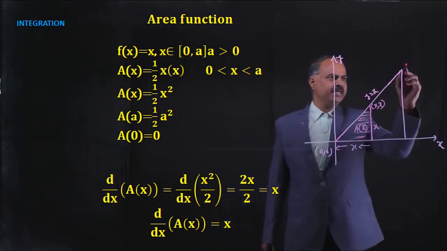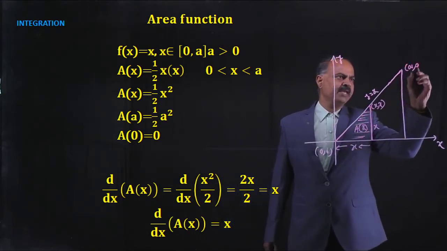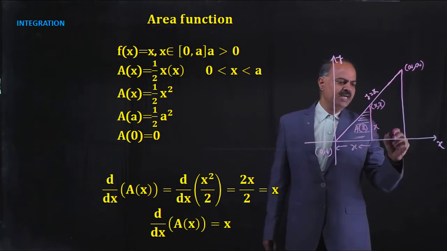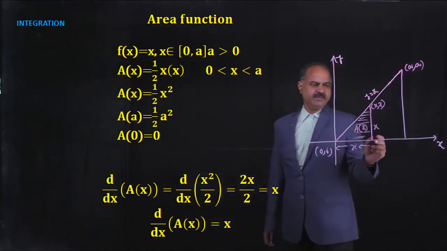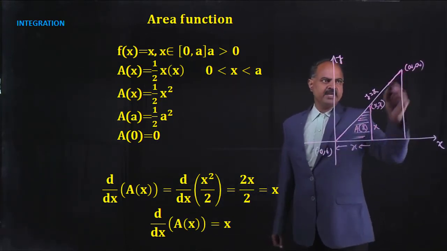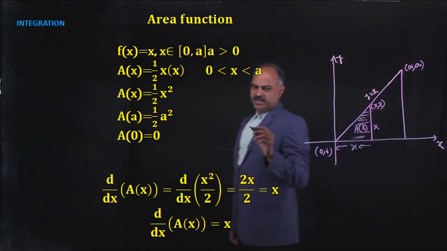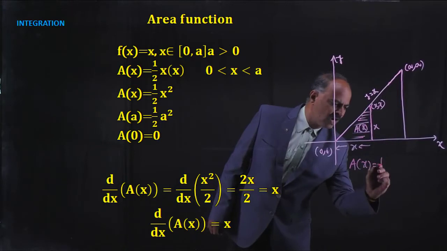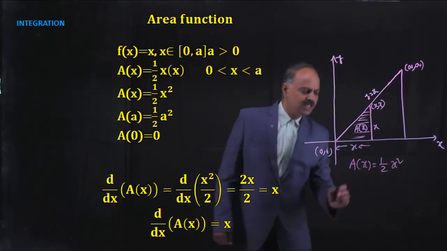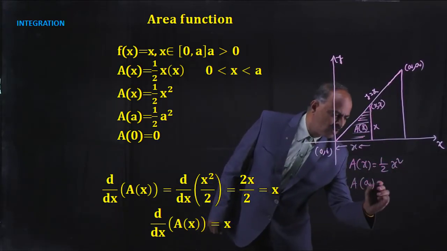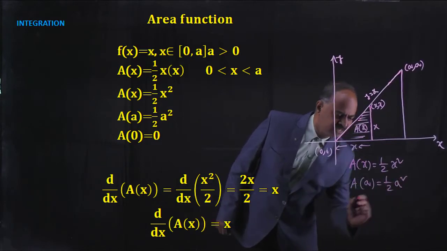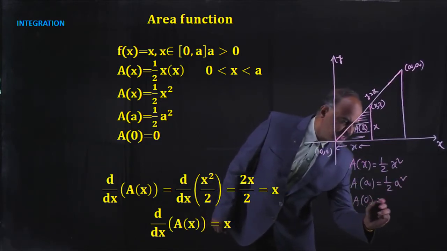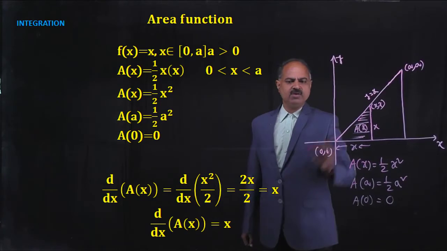And this point is a comma a. So A of x equal to x square by 2, and A of a is equal to a square by 2, and A of 0 equal to 0.